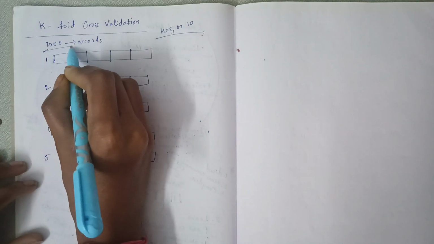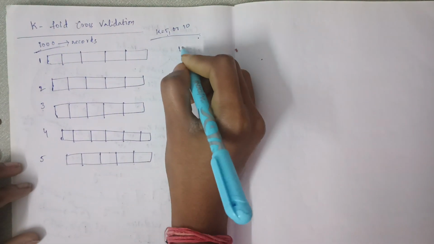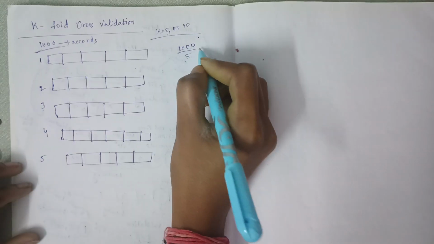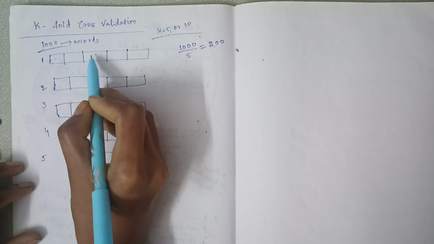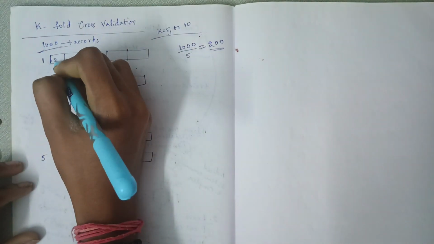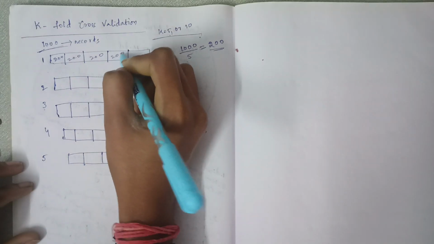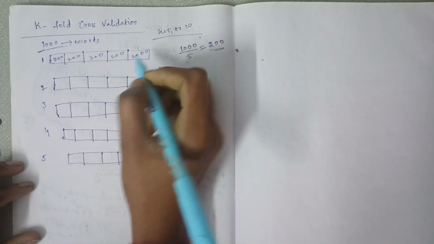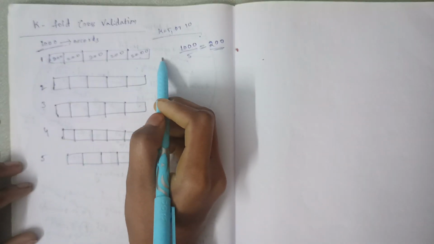And you have the 1000 records, and 1000 records divided by 5 folds is nothing but 200. In each fold, the number of records included is 200. Therefore, 200 here, 200, 200, 200 and 200. 200 into 5 is equal to 1000.